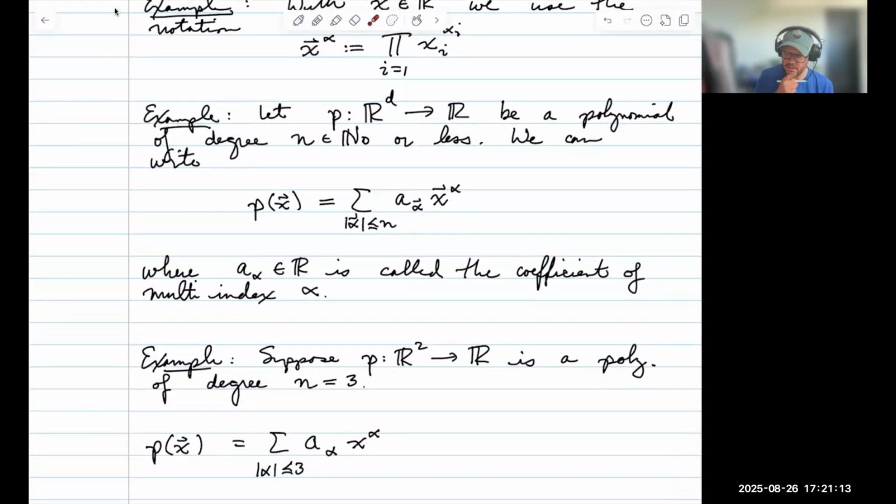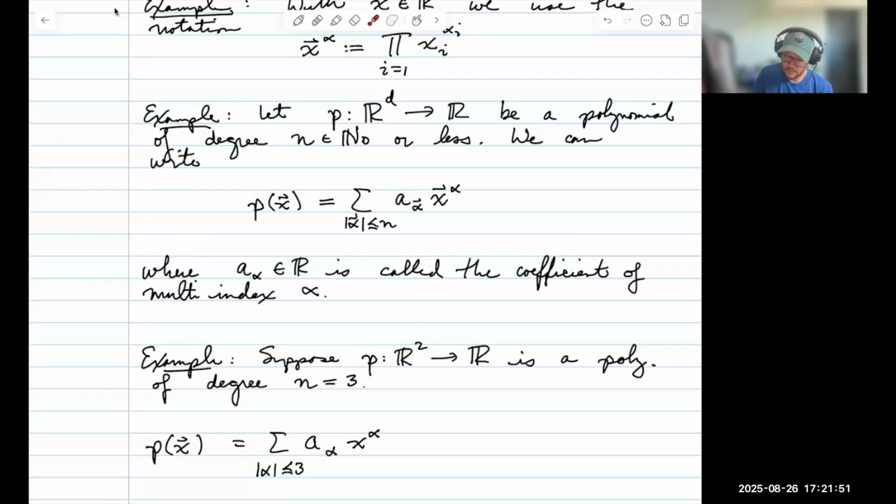So how can I quickly express a polynomial of degree, say, n or less, where it's a polynomial from R^d to R? This is useful whenever I'm talking about polynomials from the space R^d into R. Then we can quickly write this polynomial in the following way, and it's going to look like a usual polynomial. What's different about this from usual polynomials is the domain here is not R, it's R^d.